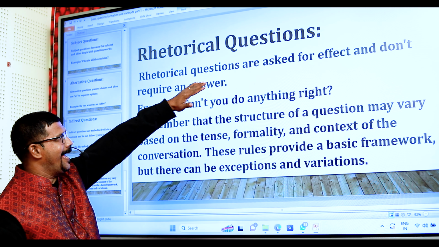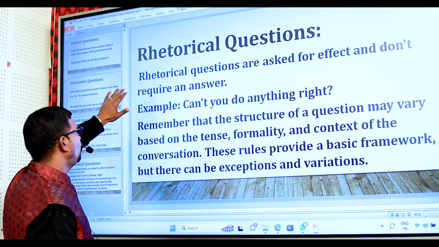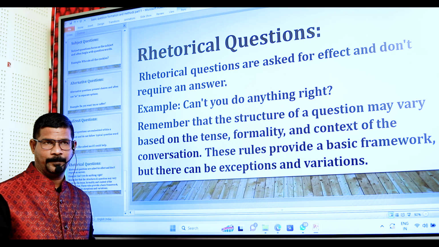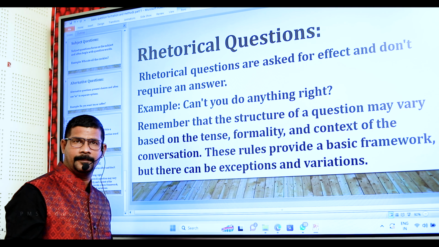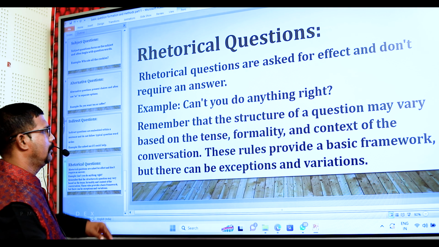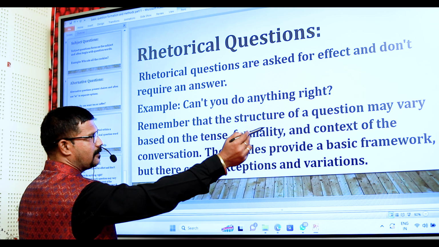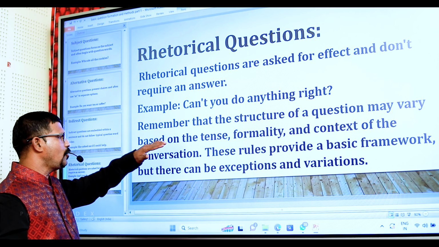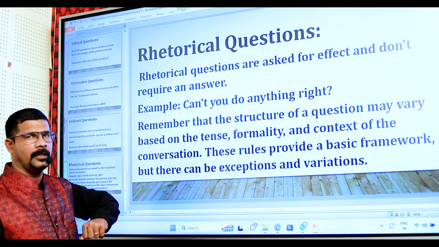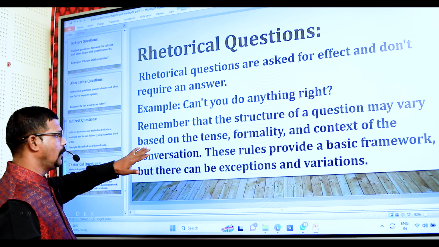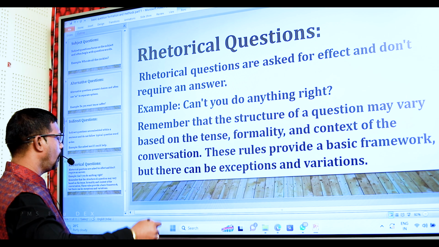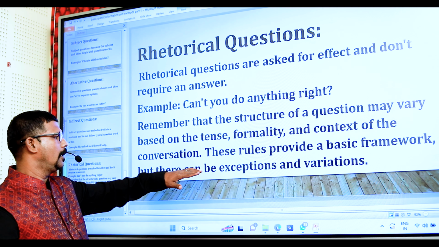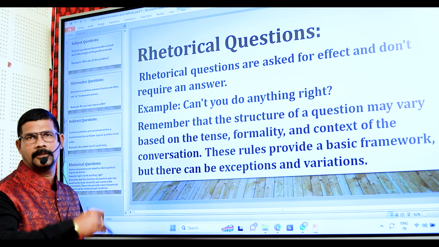Rhetorical questions are asked for effect and don't require an answer. Example, can't you do anything right? Remember that the structure of a question may vary based on the tense, formality, and context of the conversation. These rules provide a basic framework, but there can be exceptions and variations.